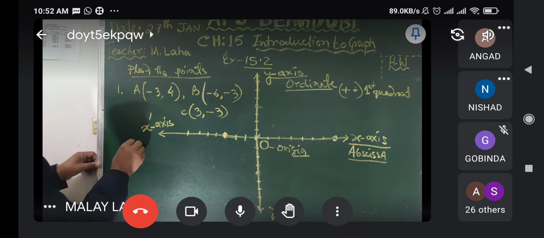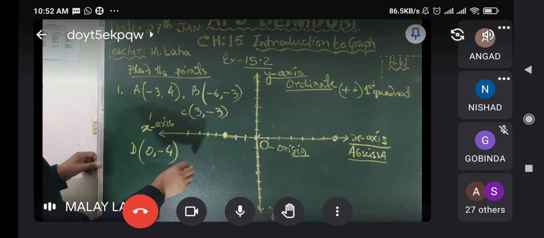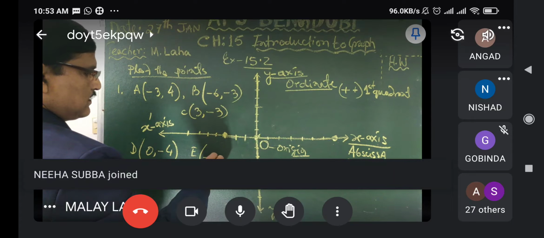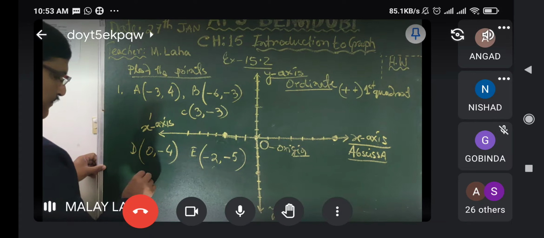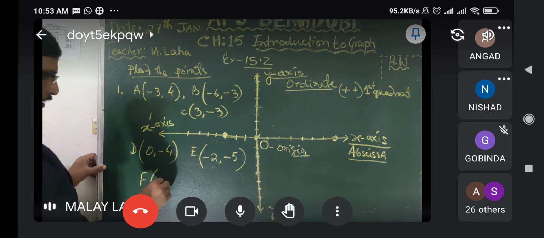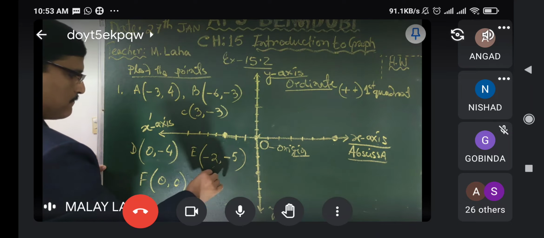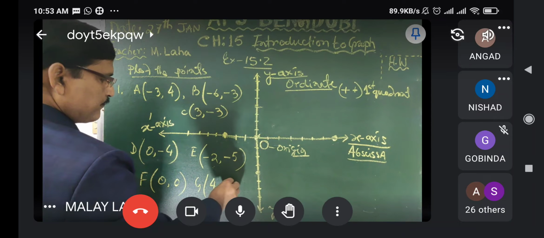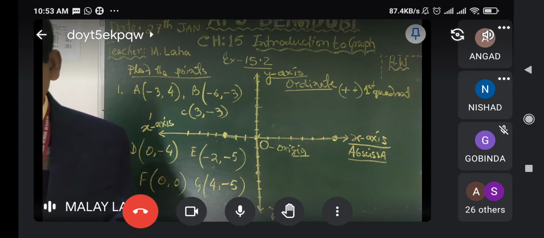D: 0, -4. Okay. E: -2, -5. F: 0, 0. G: 4, -5. Now plot the points on the graph paper.